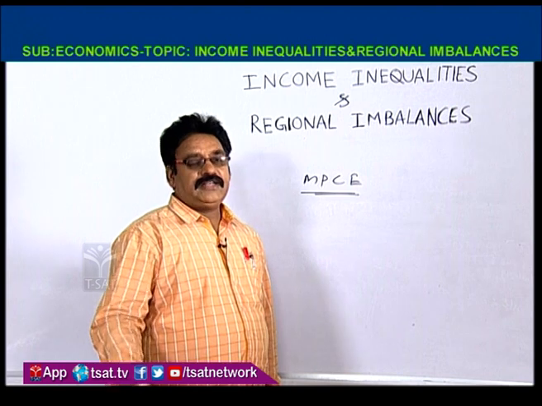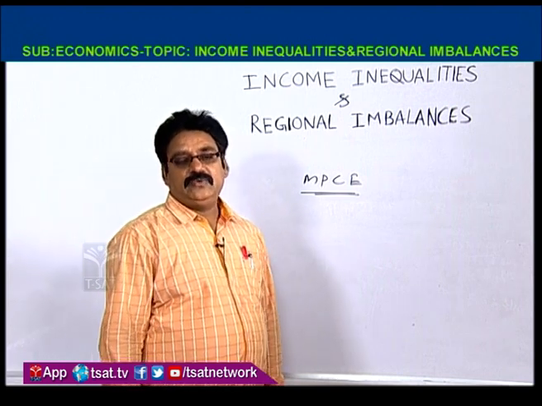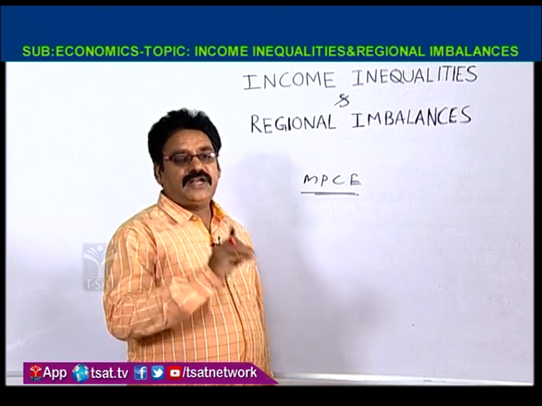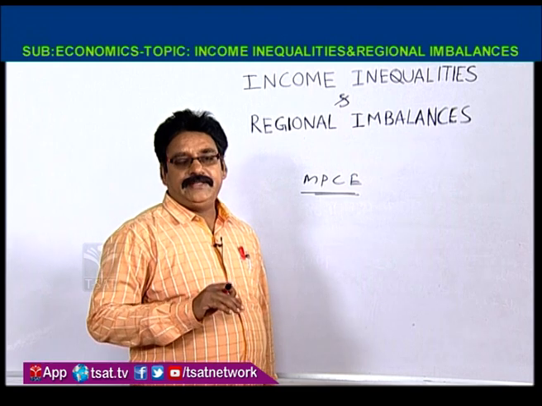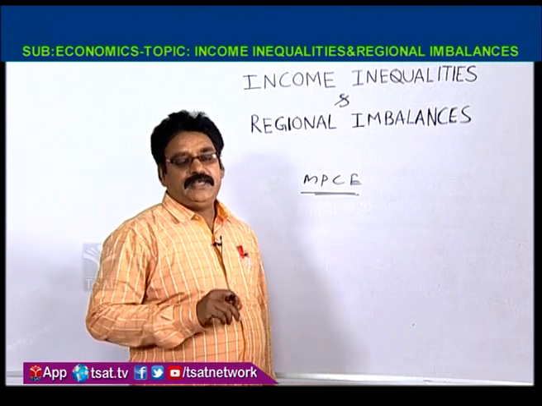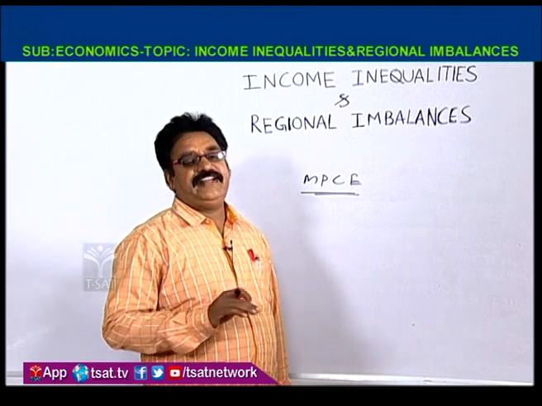That development increases the value of assets also, and in this way they can increase their income levels. The people living on the rural side can't increase their incomes in the same way.